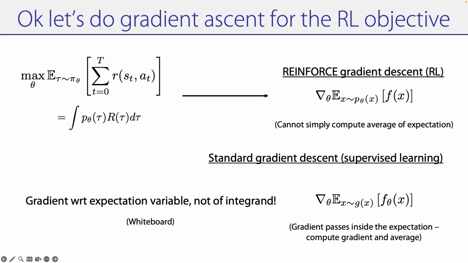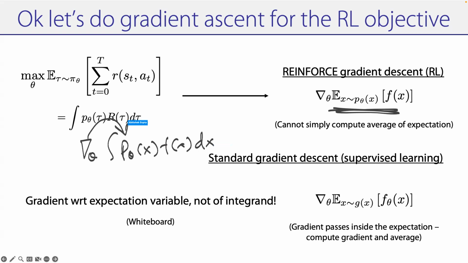Let's take this gradient, right? The important thing is let's try to do some simplification. So we say gradient theta of integral p theta x f of x dx. We move the gradient inside again. Now you have an integral of gradient theta p theta x f of x dx.